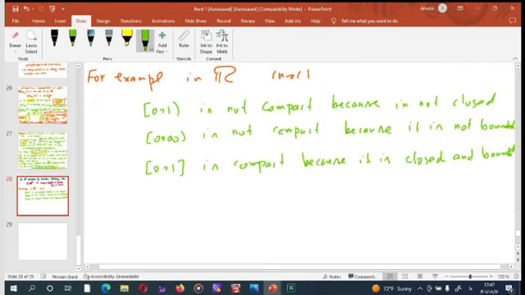And another example, Z, the integer numbers, is not compact, because Z is not bounded. We know that this is an unbounded set. Okay? Z is closed, but it is not bounded.